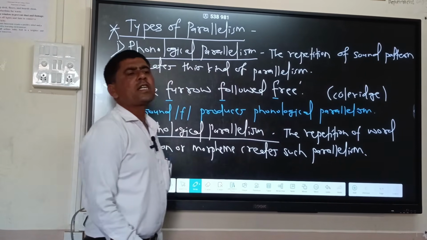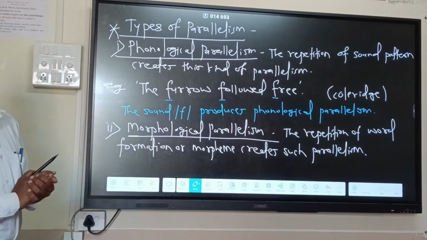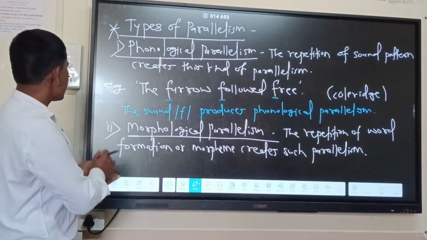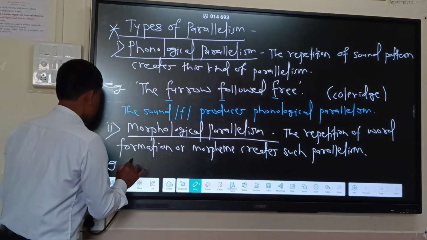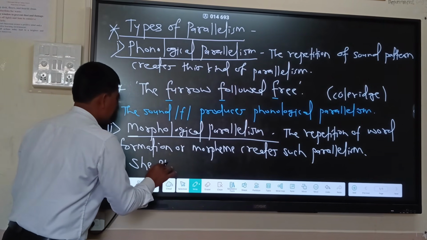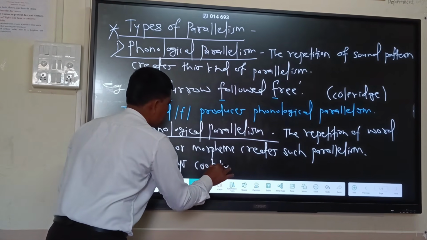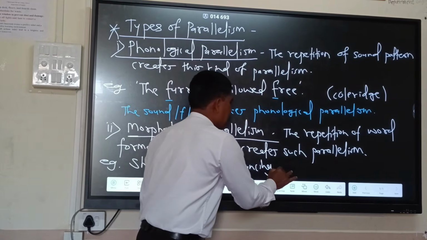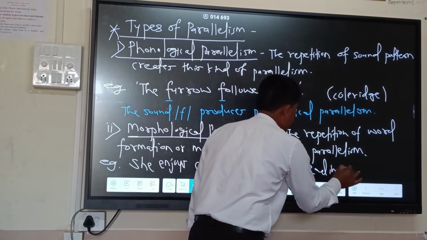Any word form, such as prefixes and suffixes like the ed suffix or ing suffix, creates this kind of parallelism. For example, she enjoys cooking, dancing and reading.